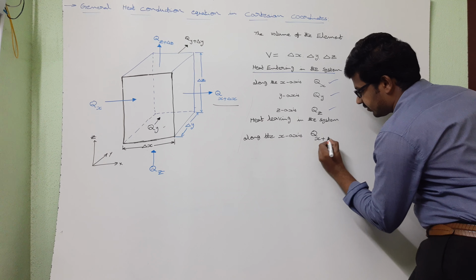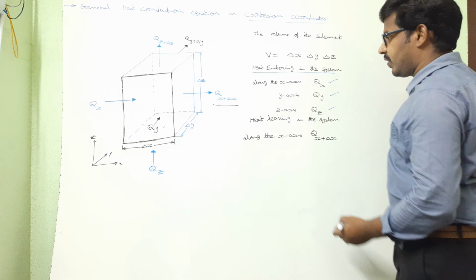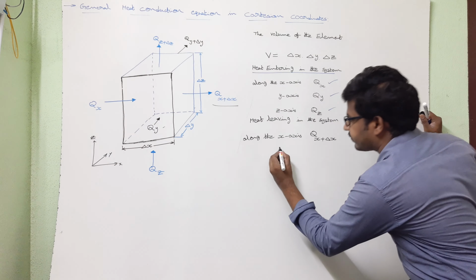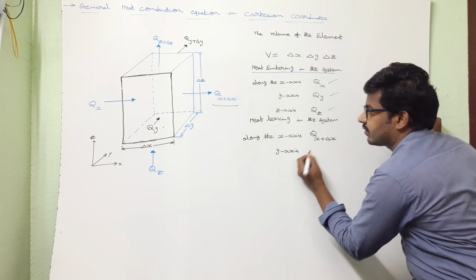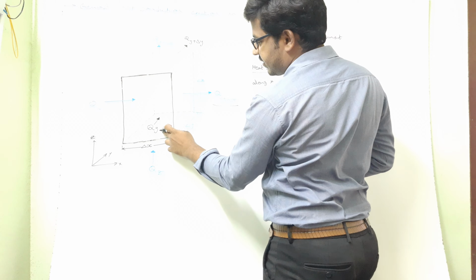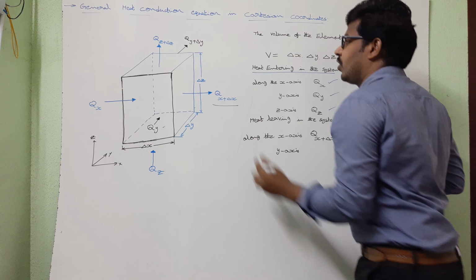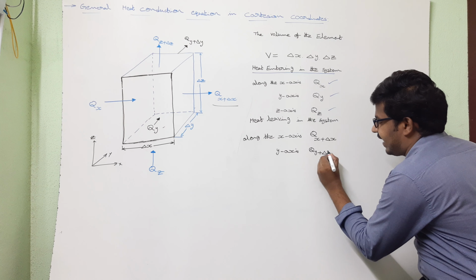Along the y-axis, qy is the heat input and heat leaving is qy plus delta y.